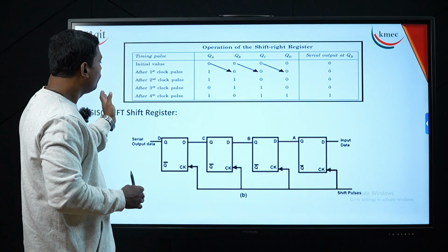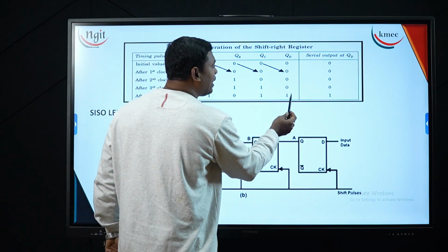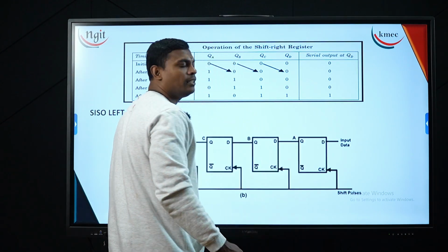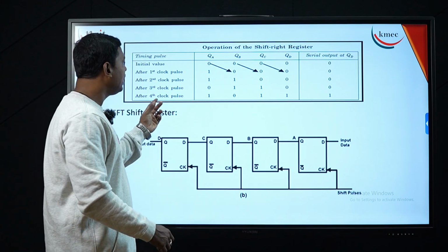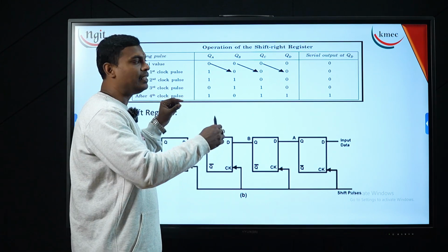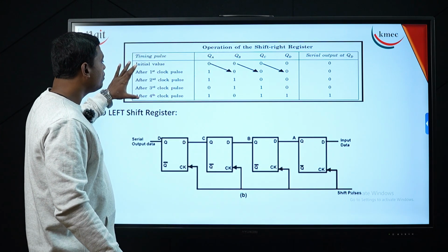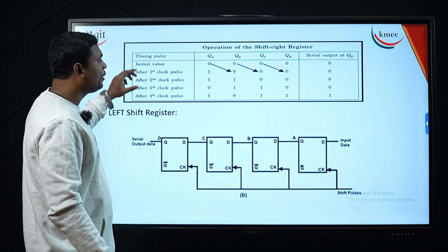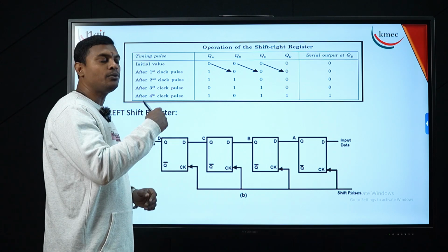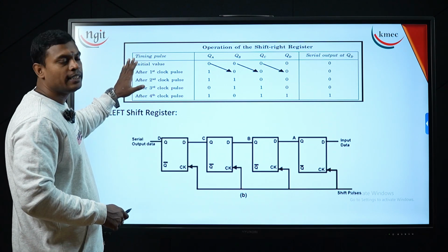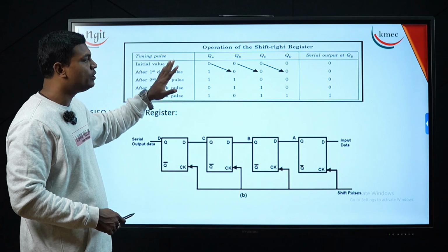Now as a clock pulse is applied, this data will move out of my register. So serially I am entering my data and serially I am getting my data output also. So this is how, with the help of clock pulse, we are going to move data from left to right side. That is the reason we call it a right shift serial in serial out shift register.